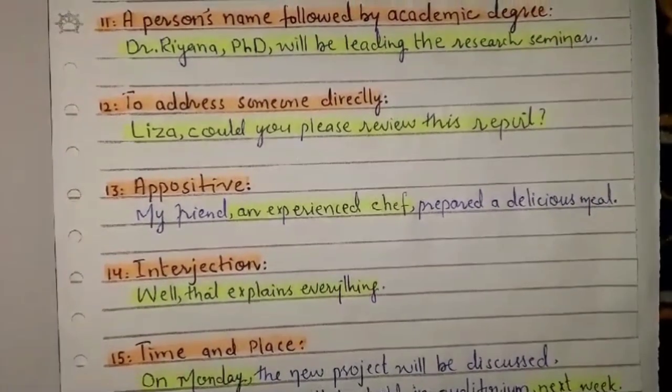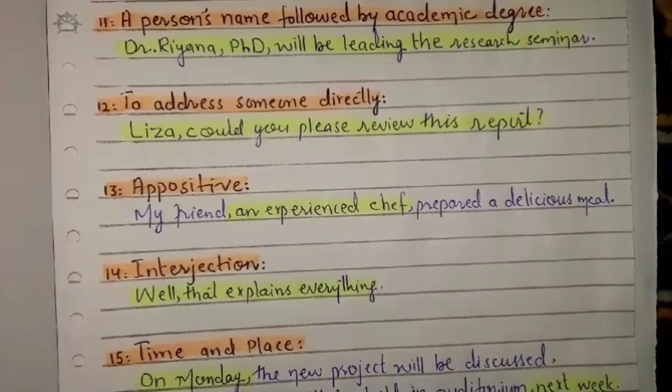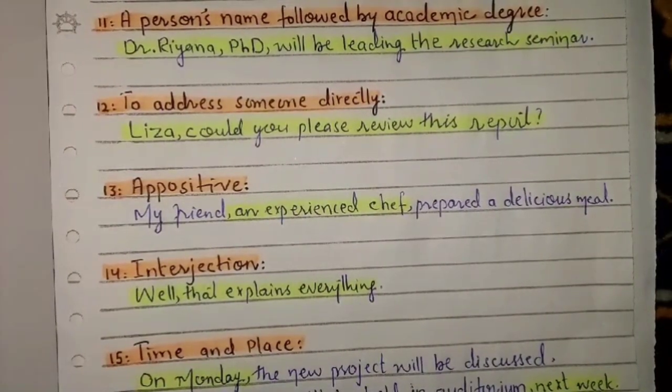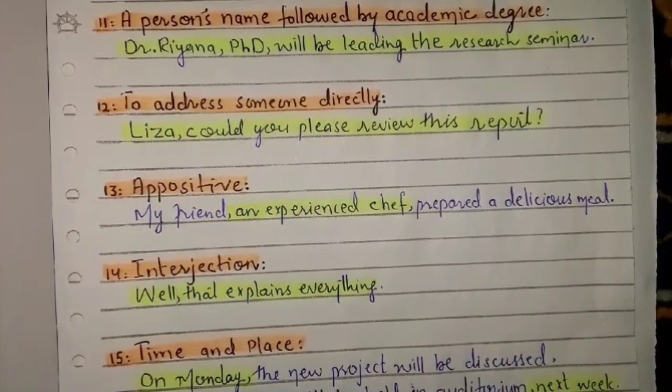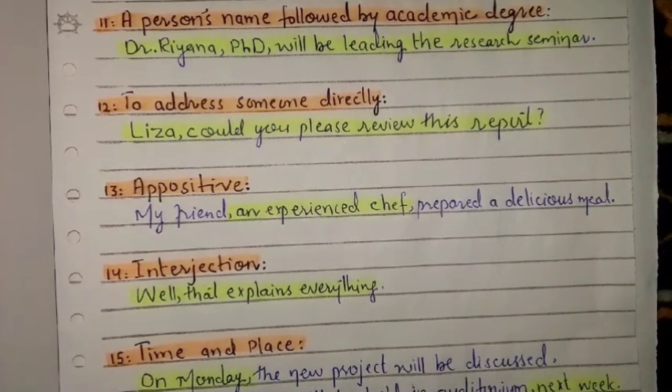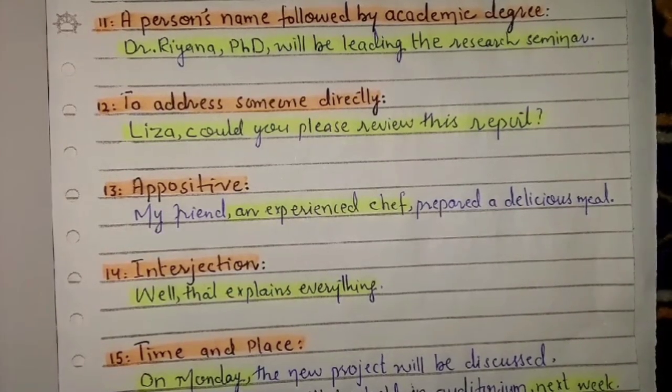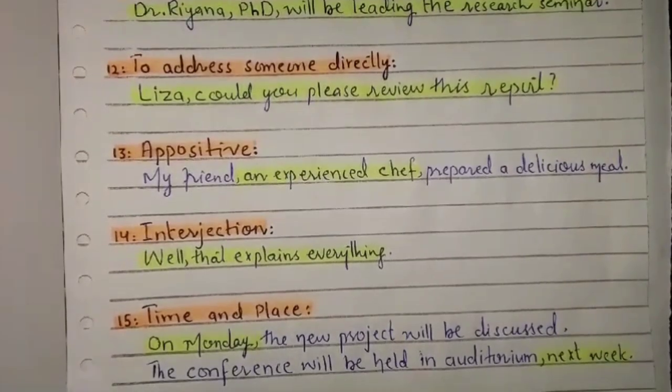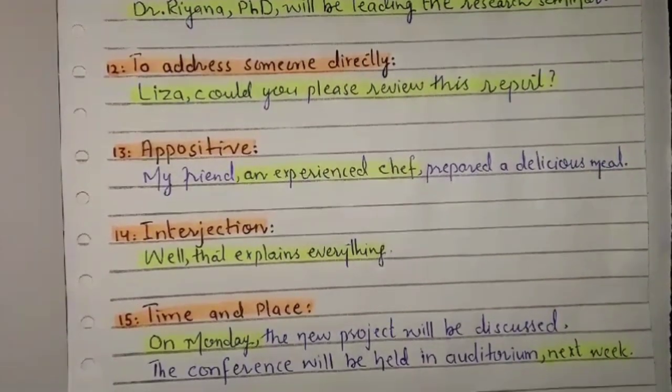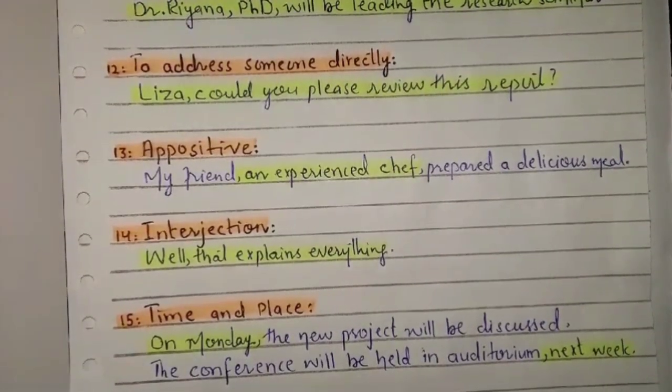Number 13 rule is that appositives. My friend, an experienced chef, prepared a delicious meal. Appositives are what? When we explain the subject in more detail, like my friend who is an experienced chef. Okay, then there is interjection. Well, that explains everything.